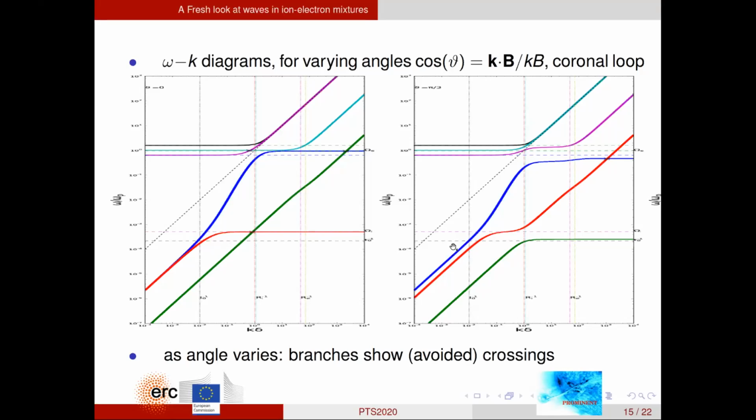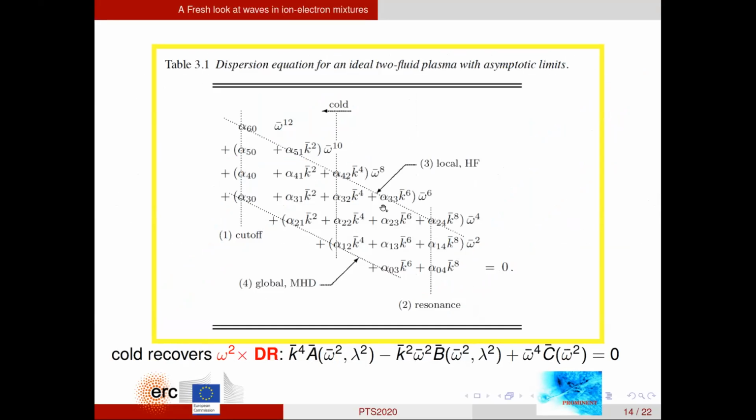So indeed, I should have made clear already in this slide, in fact, we have thermal effects, because in this slide, I show the S mode, which is the slow magnetoacoustic mode. So that's the other thing. The point is that this is the overall structure of the dispersion relation.